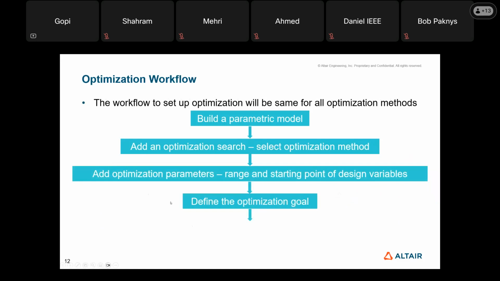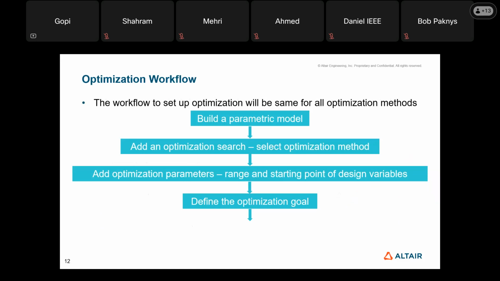Then you need to define an optimization goal to tell the optimizer what it is trying to optimize. The goal can be an impedance goal to optimize the input impedance, or S parameters, or gain, whatever output quantity you are trying to optimize. You need to define a goal.